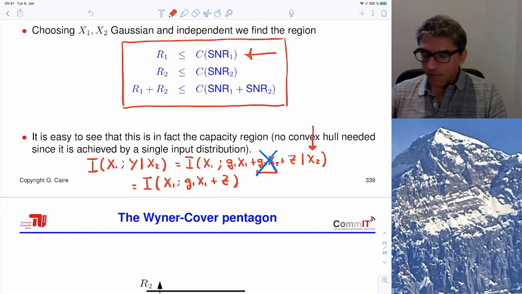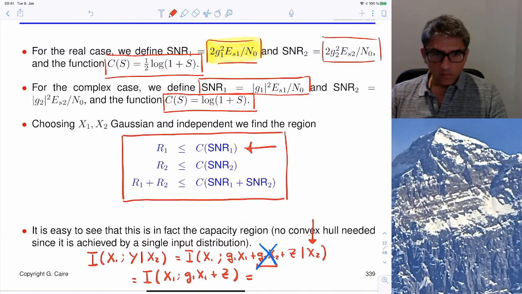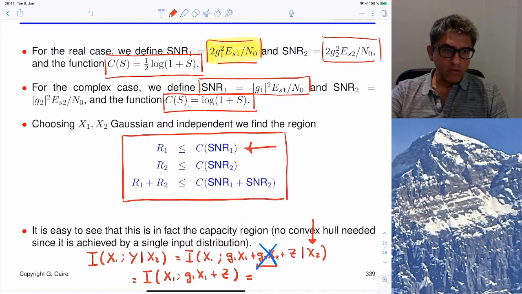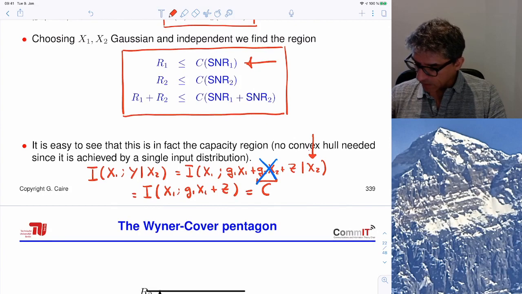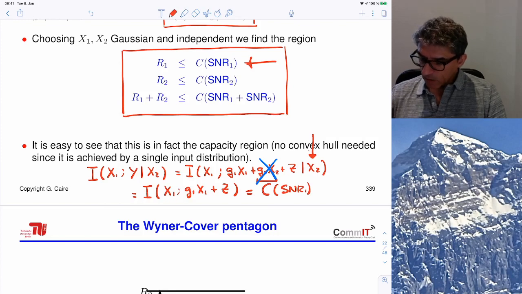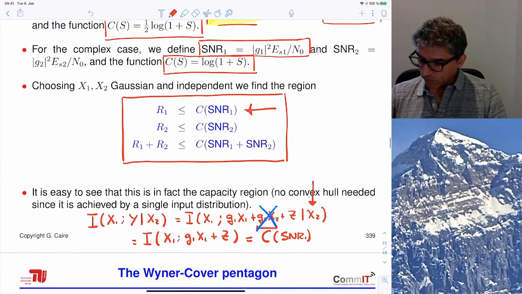And this is simply the capacity of a Gaussian channel with input x1, noise z, and gain g1, with the corresponding definition of C of S, depending on whether it is real or complex, but it is simply C of SNR1 as we have defined. Okay, so we see that this proves the first inequality.